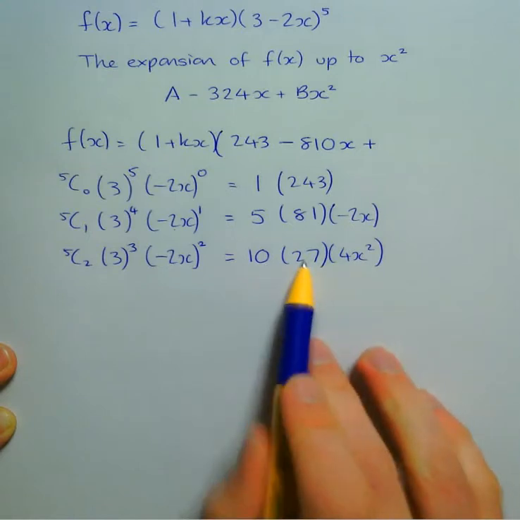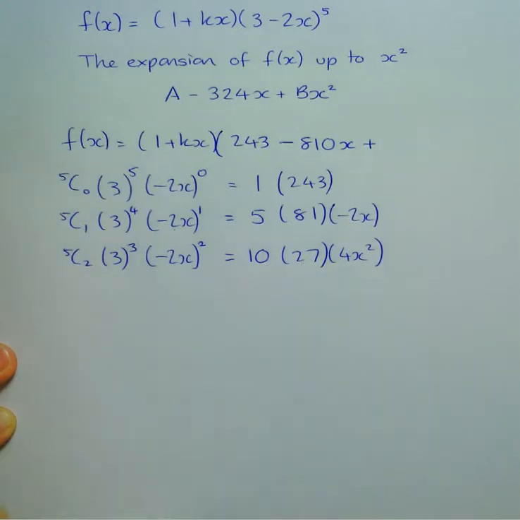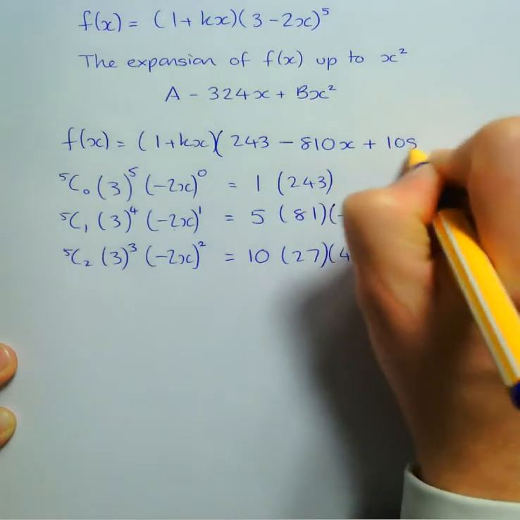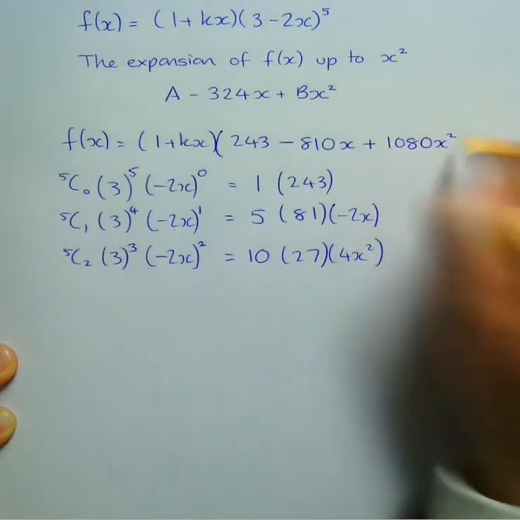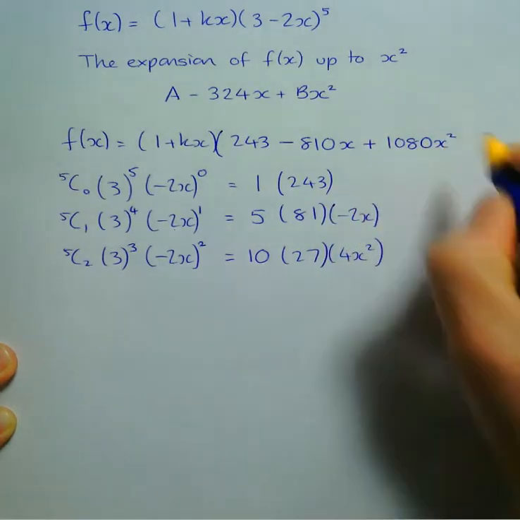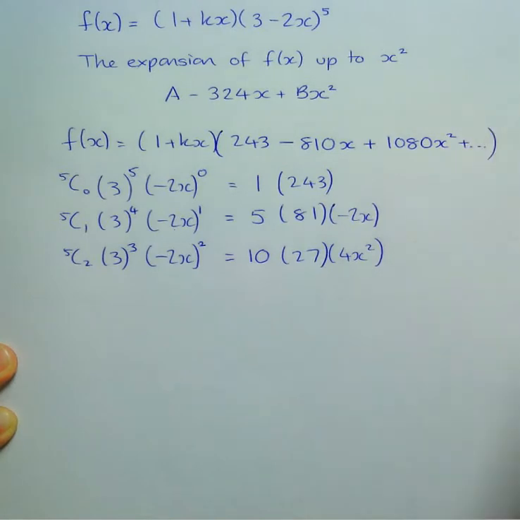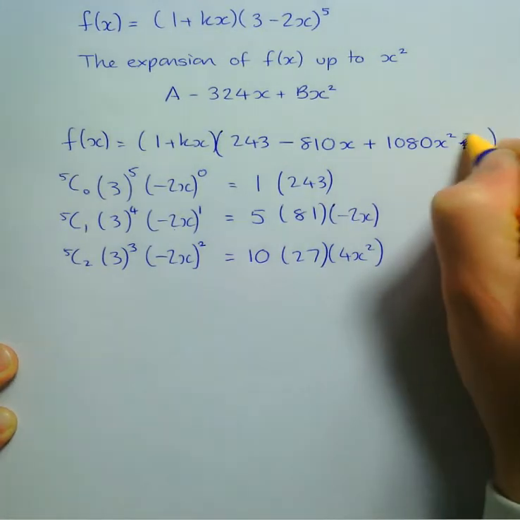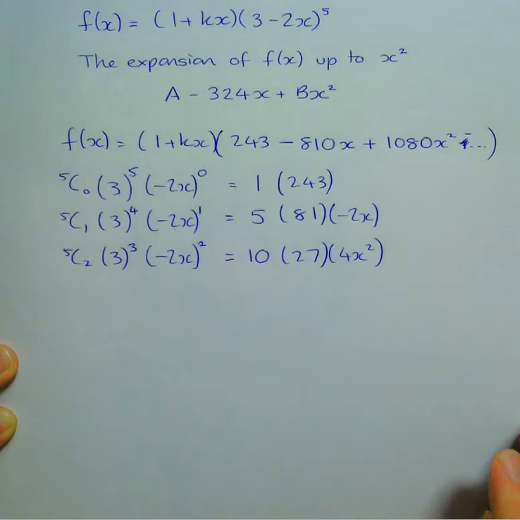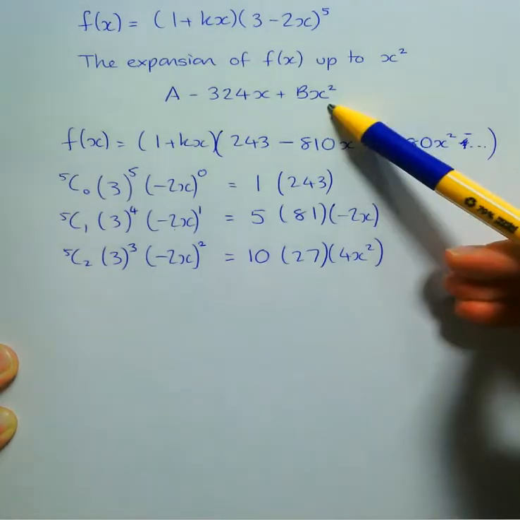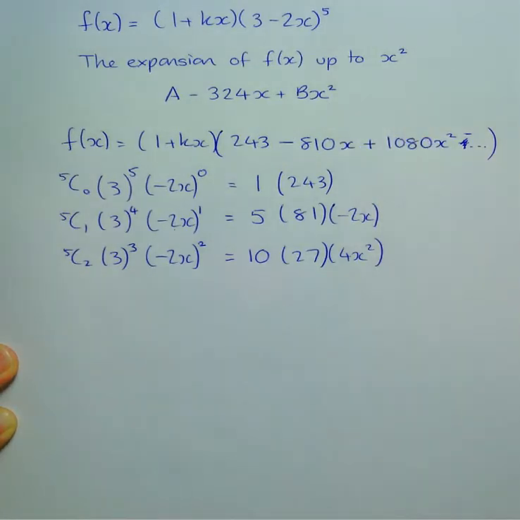So what is that? That's 27 times 4, that's 1080x squared. Now that does keep going. In fact, that should be a minus, shouldn't it? It's going to alternate sign. But because we're only interested up to the x squared term, I can technically stop now.